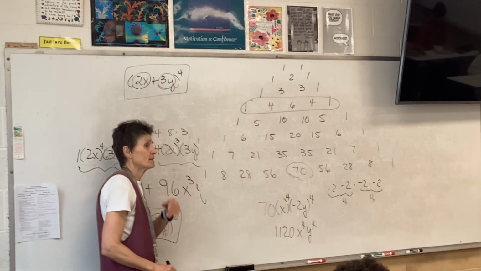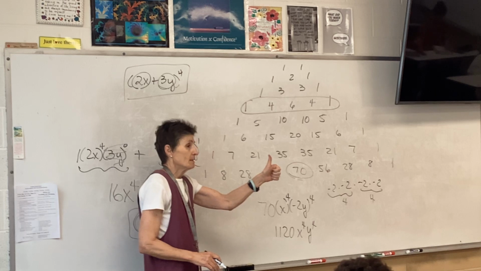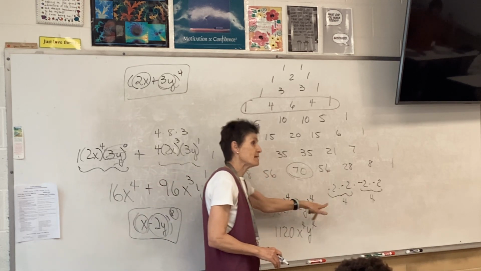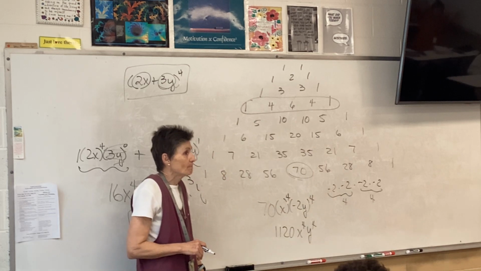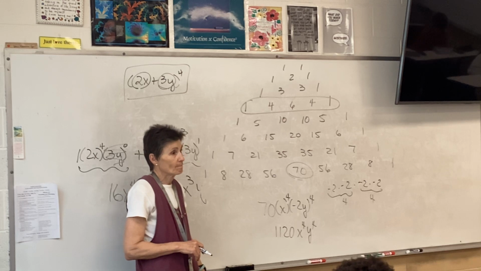What happened to the minus sign? Well, first of all, that's a negative, not a minus. And second of all, when you take a negative to an even power, it disappears. There's the answer to the question.